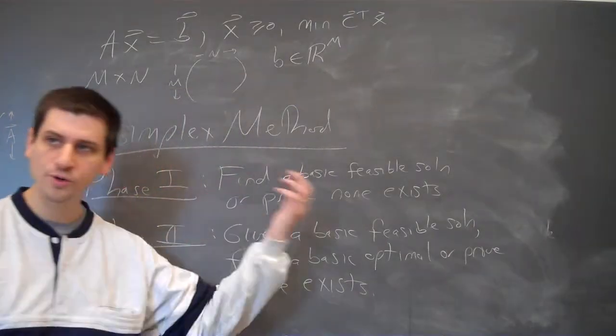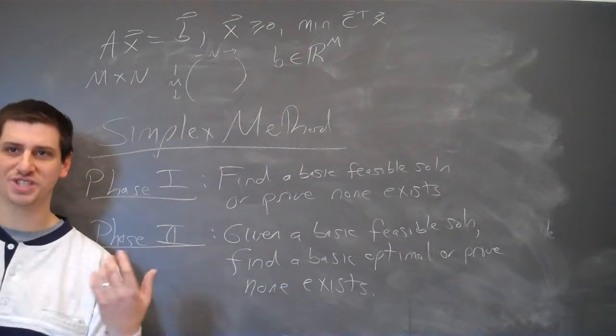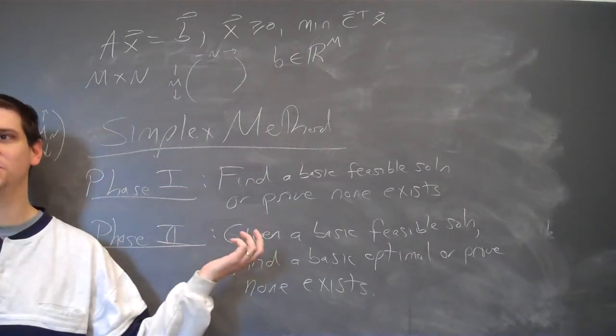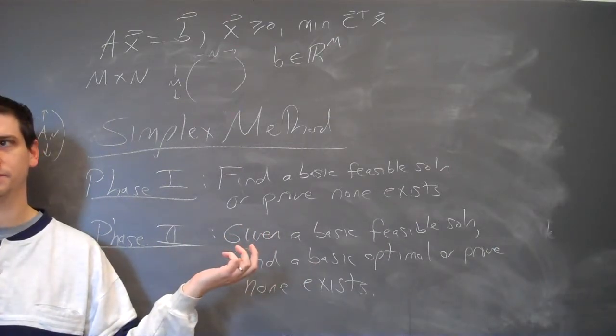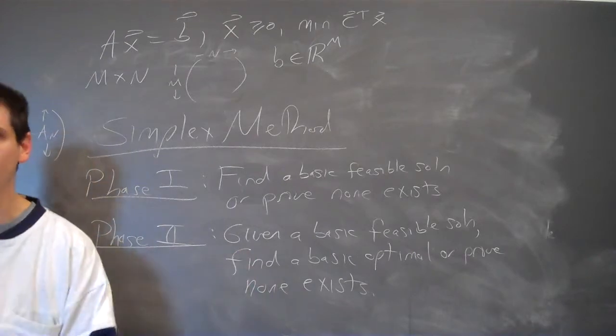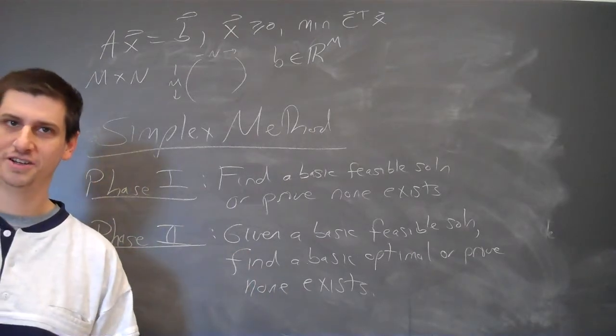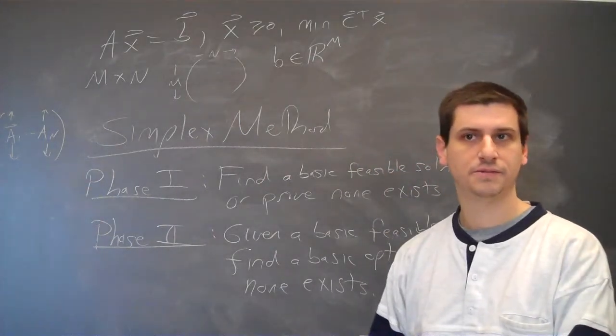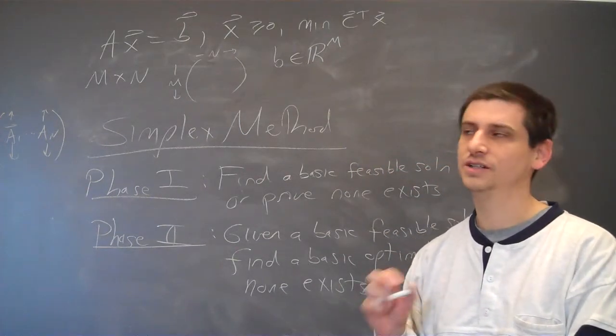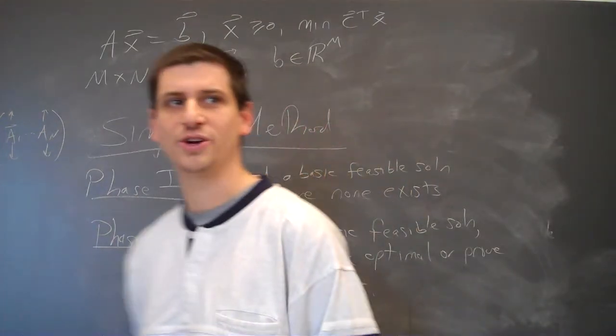In fact, the way it proves that none exists is it gives you a sequence of basic feasible solutions where the cost goes to minus infinity. Because if the cost is bounded, then there will be a basic optimal solution. Well, I'll stop there before I get into trouble.